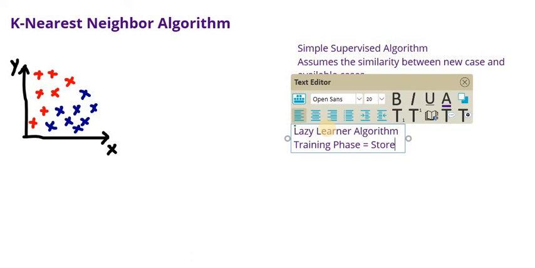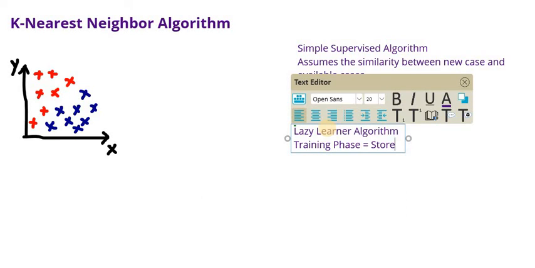When a new case comes, or when there is a need for adding new data, at that time the algorithm starts working. It finds the similarity and puts the data into the similar category.